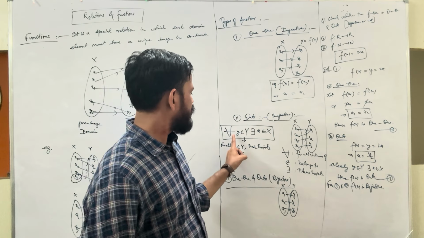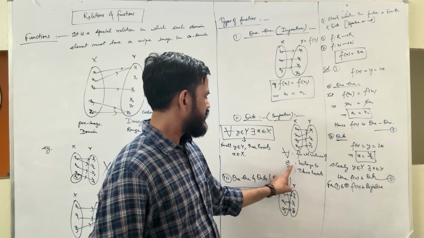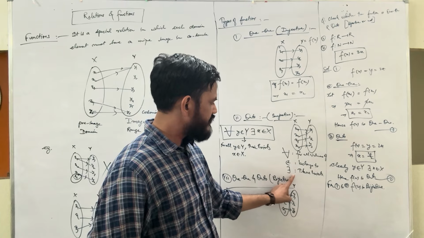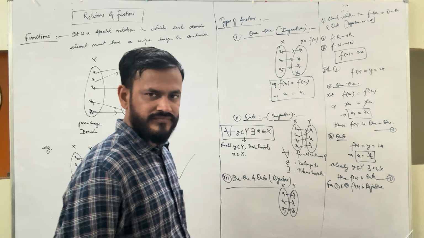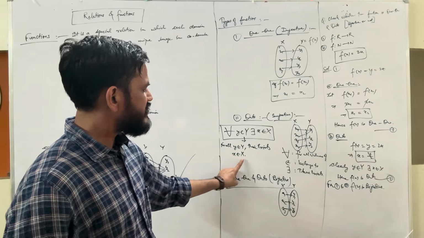So I have written down the meaning of these symbols. This is for all values of. This symbol is a very common symbol, which means belongs to, and this symbol means there exists. So for all y belonging to Y, there exists x belonging to X.